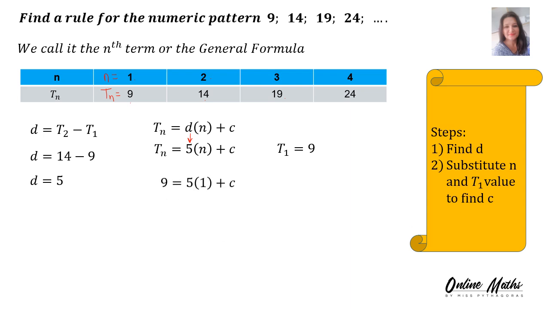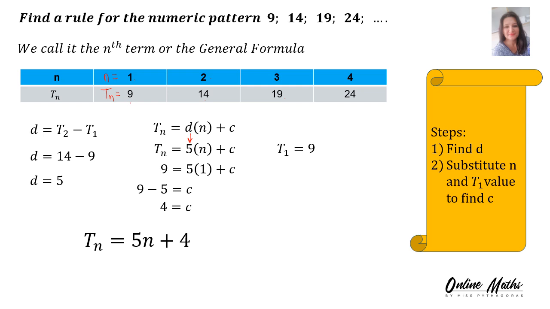So in Tn's place you substitute 9 and in n's place you substitute 1. Therefore, C will be 9 minus 5 is 4. C's value is 4. Therefore, the formula for the general term will be Tn is equal to 5n plus 4.